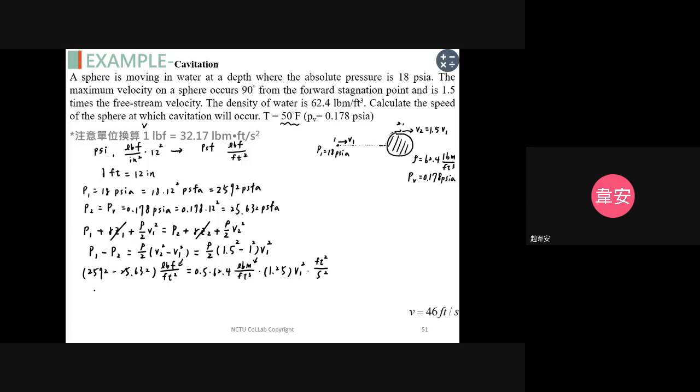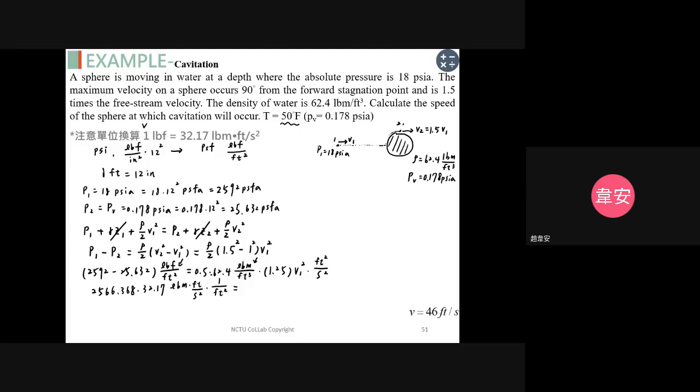So the pressure difference in here is 2566.368 multiplied by 32.17 to convert pound force to pound mass, multiplied by ft divided by second squared, and also divided by ft squared.